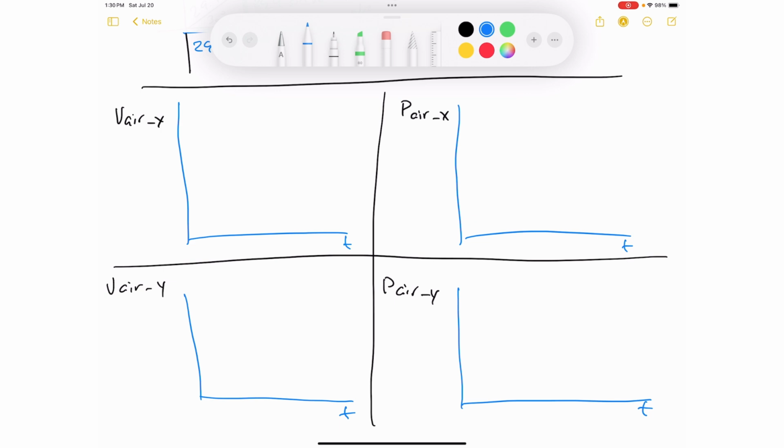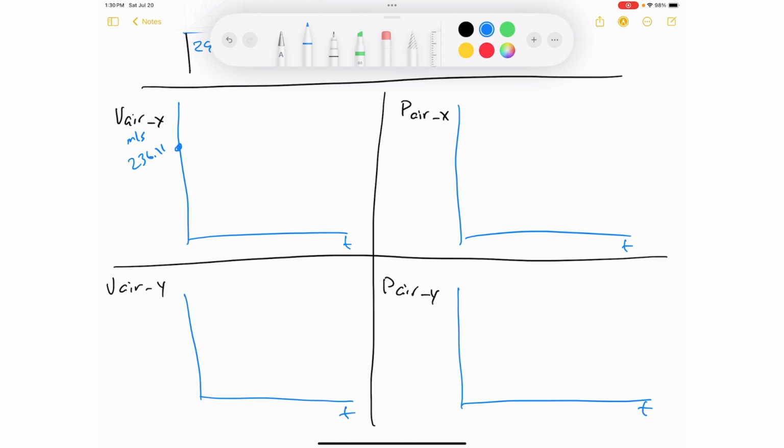Well, it's 850 kilometers per hour, or 236.11, in meters per second because it's velocity. So that's his initial x velocity.